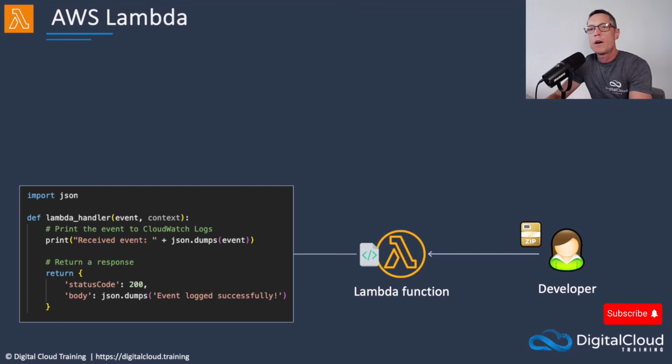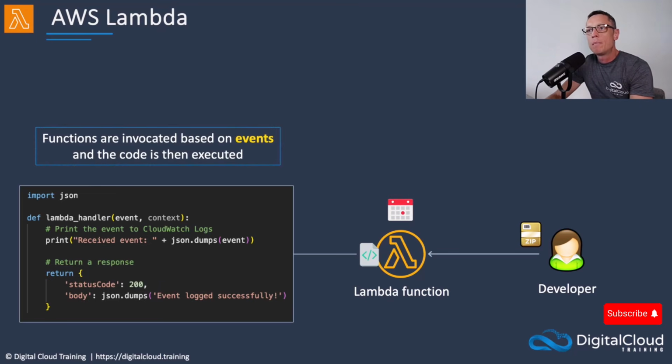And once we've uploaded our code to Lambda, Lambda will be executed based on specific events that happen. So the function is invoked. Invoked means something has triggered it. Now, that could be a schedule, so a specific time, or it can be, which usually it is, an API call coming in from another service, which is basically saying, I've got some data, I want you to process that data. So when that happens, the code is executed.